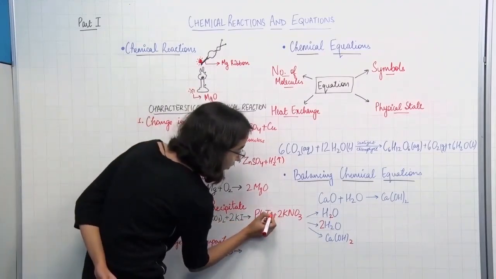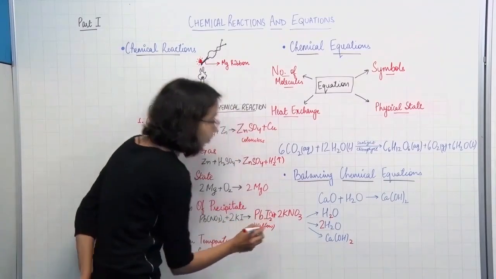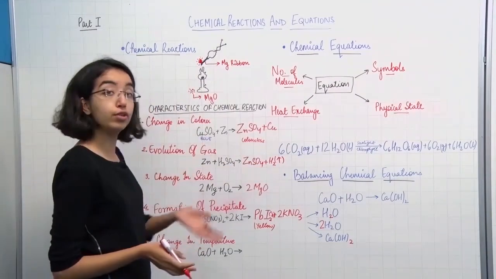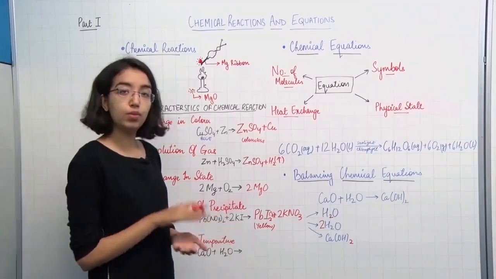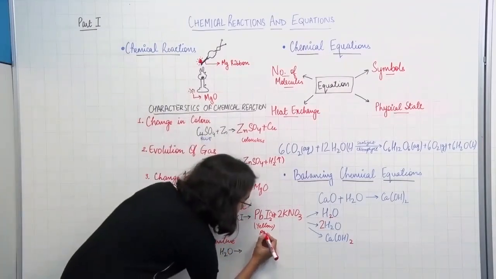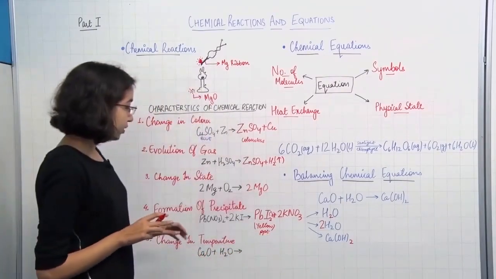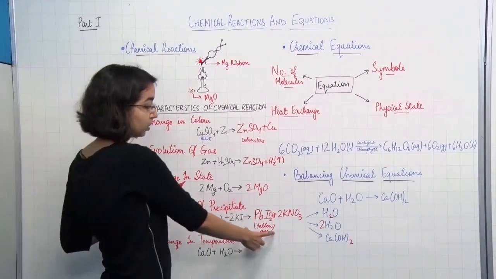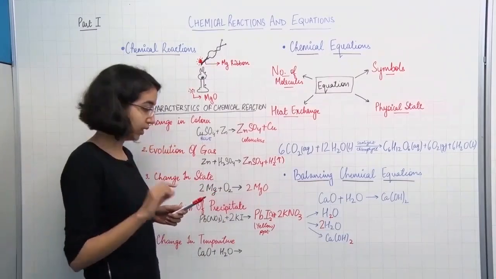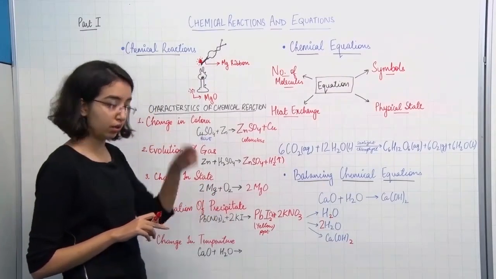It settles down. That is why it is indicated by a downward arrow. So an upward arrow is for evolution of gas which goes up, and a downward arrow indicates formation of a precipitate which settles at the bottom. This also indicates that a new substance is formed, because initially there was no yellow substance, but now this new bottom layer of yellow substance indicates that a reaction has occurred.